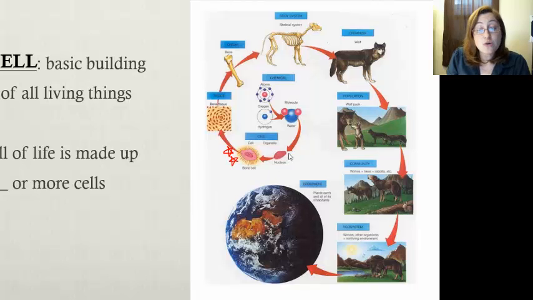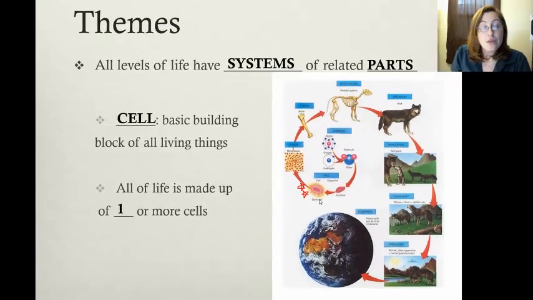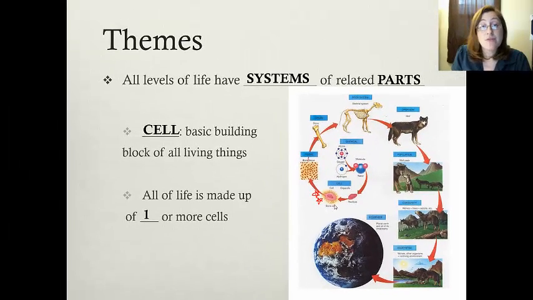So if you have just an organelle, like just a nucleus, that is not considered its own living thing. You start here at the cell level, and we know lots of single-celled organisms that are considered their own living thing. So that means all of life has to be made up of at least one or more cells. And as you can see, we can go up through these levels of organization, and we include parts of each level going into the next level.